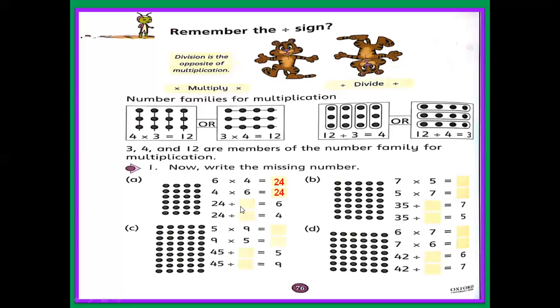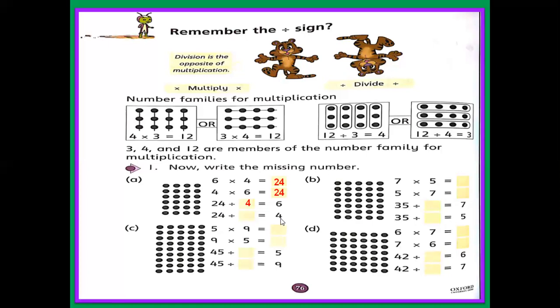24 divided by blank. If the second number is not given, look at what our answer is: 6. So read the table of 6. 6 ones are 6, 6 twos are 12, 6 threes are 18, 6 fours are 24. So now the first number comes, it means 6 fours. Write 4 here. 6 fours are 24. So 24 divided by blank is equal to 4.